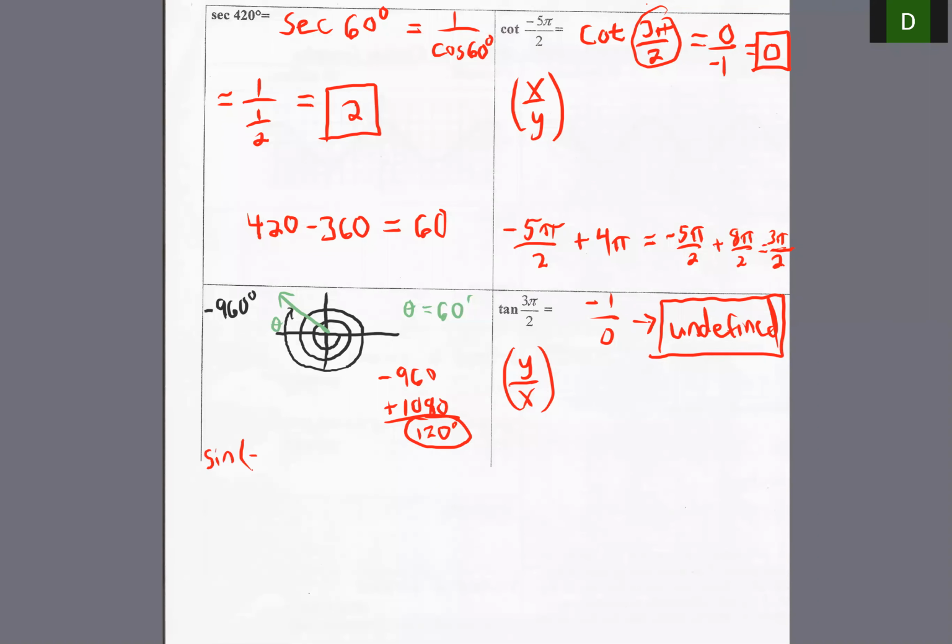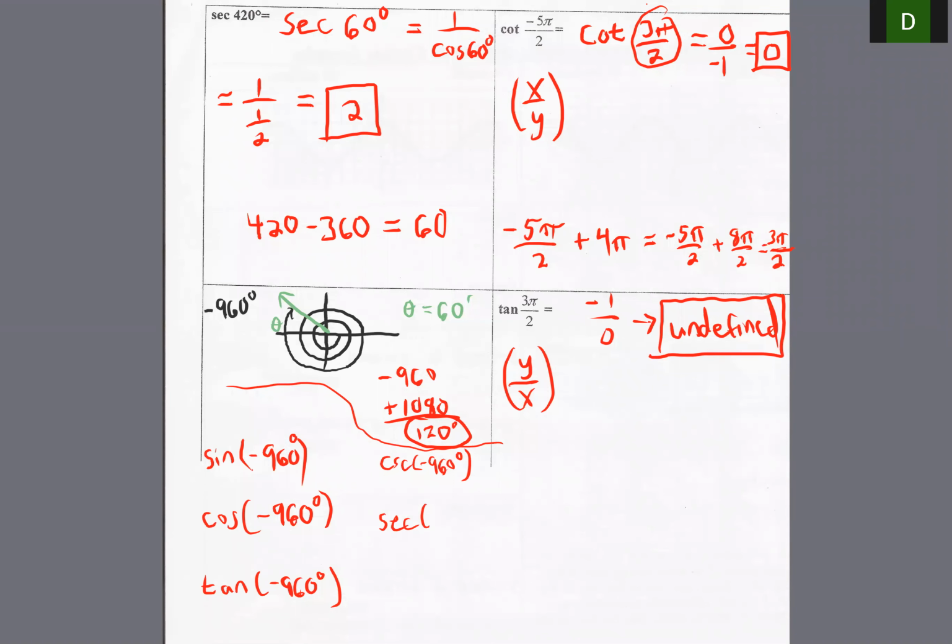So sine of negative 960 degrees. Cosine of negative 960, I should put the degree symbol. And tangent of negative 960. And then the reciprocals: cosecant of negative 960, secant of negative 960.